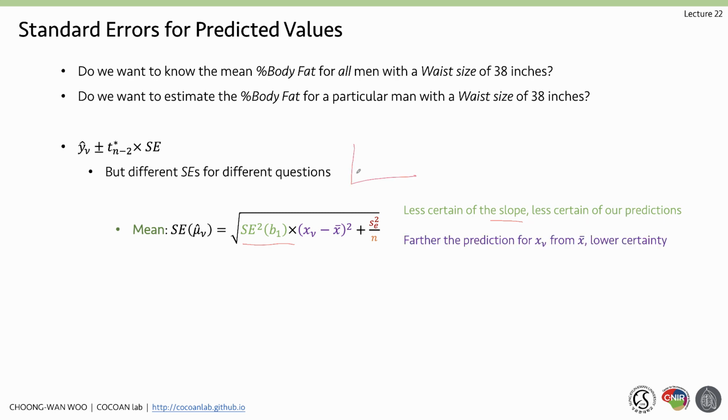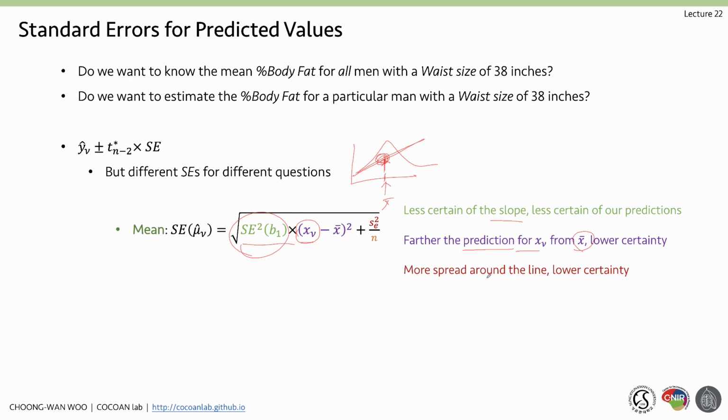And given that usually we have more data in the middle, in this mean area, our estimation will be more precise near the mean. So the farther the prediction for x nu from x bar, the lower the certainty. So we multiply this with x nu minus x bar. This is a specific value, how far that is from the mean.